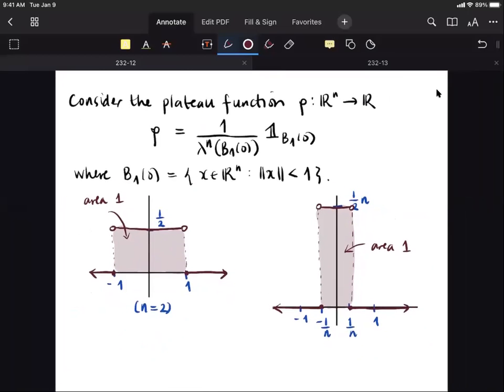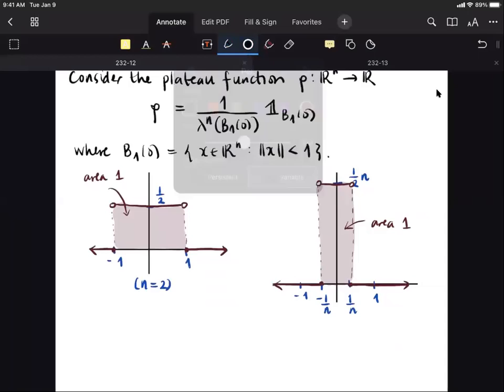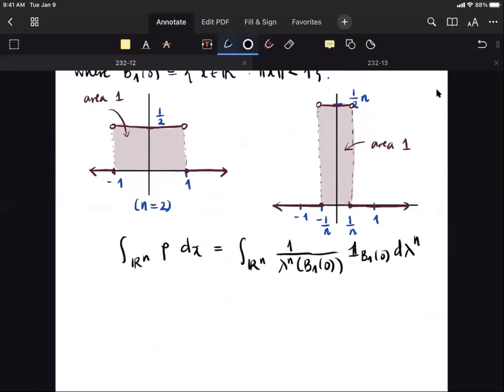So in the case of general dimensions n, take note that if I integrate over R^n the function rho, say dx, this is the same as 1 over lambda n, the Lebesgue measure of the unit ball, times the characteristic function of the unit ball, d lambda n, and this is equal to 1.